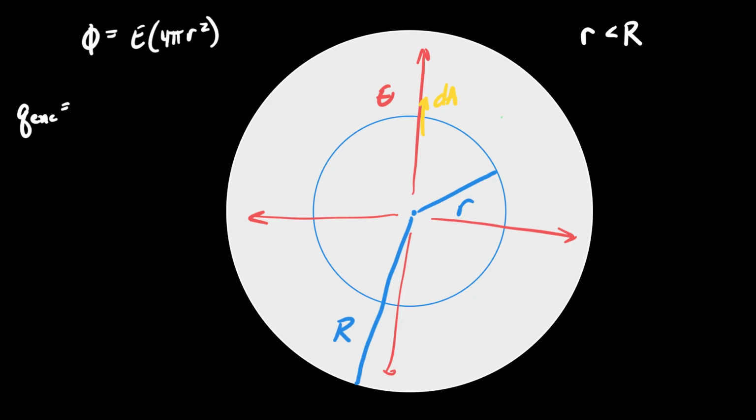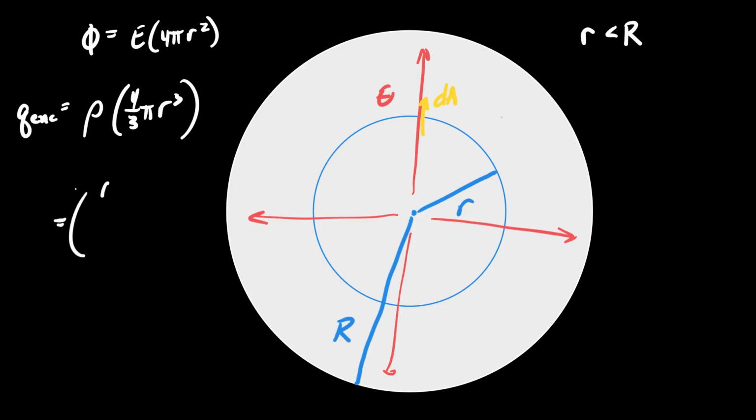But I don't think that's going to be too hard, because the charge enclosed has to be the charge density times the volume enclosed. And the volume enclosed is 4/3 pi little r cubed. All good so far? I'm using the wrong symbol for charge density. Thank you for not correcting me.